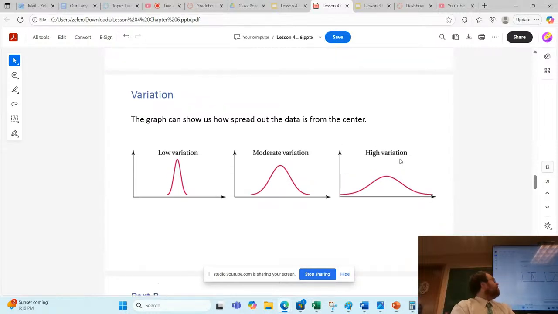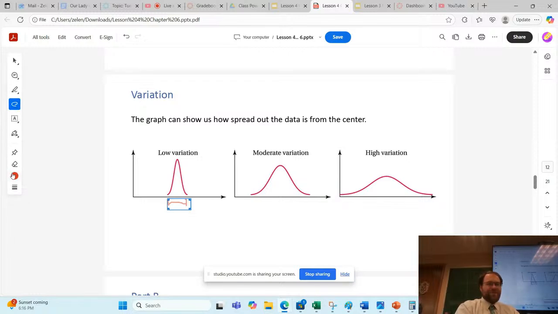But this leads to variation. The key here is how spread out the data is from the center. So it's going to be measuring this distance. A lot of values are really close together.